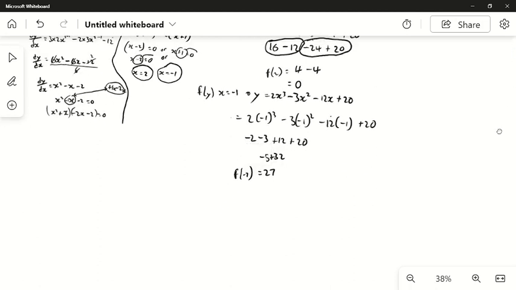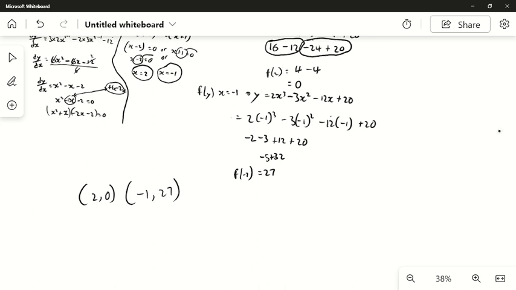So I guess we've gotten that. When it's x equals 2, the coordinate is 2, 0, and when it's for minus 1, it is 27.